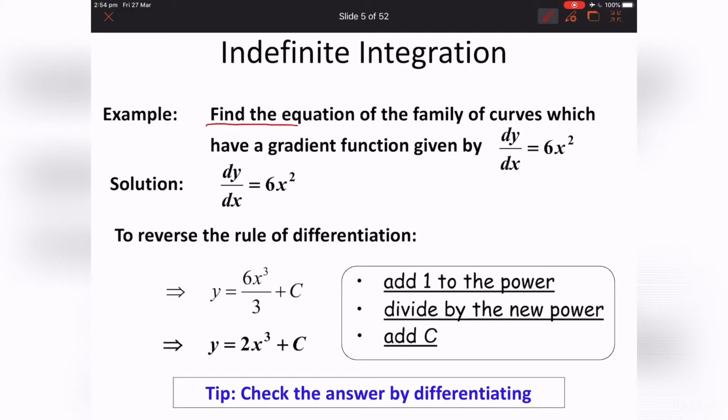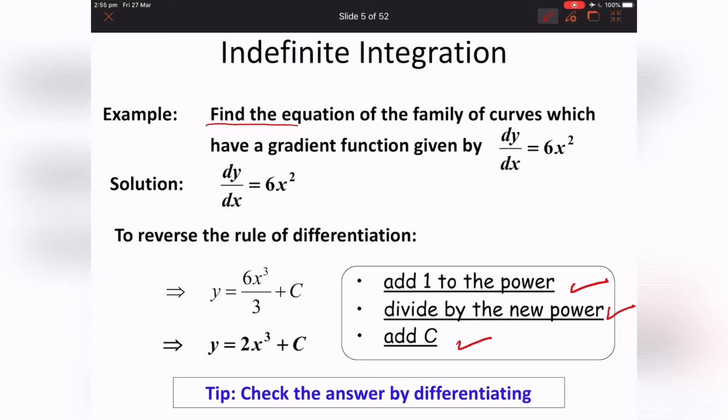So what we need to do is add 1 to the power and divide by the new power, and then add c at the end.